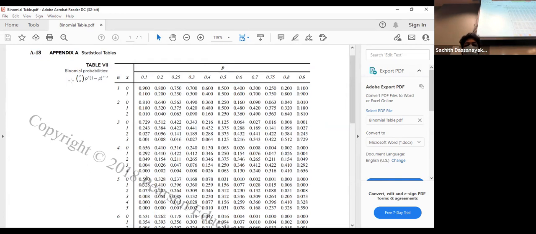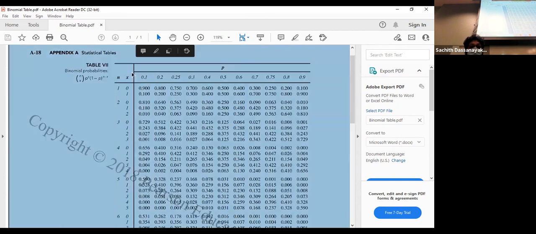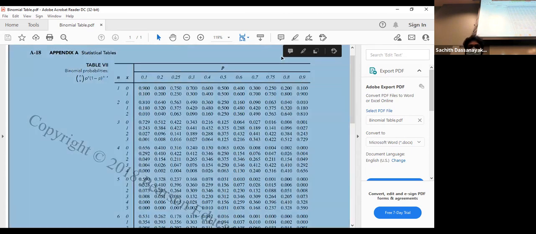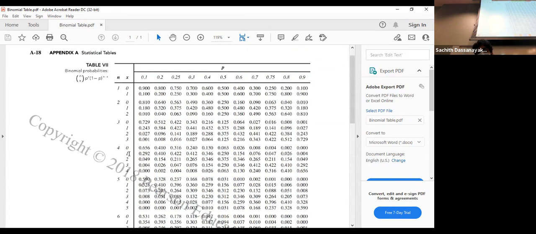This column gives you x values, and this row is the probability value, the success probabilities. But the problem is, we have a maximum n equal to 7. That's why we cannot use this for larger cases, but still you can use this.